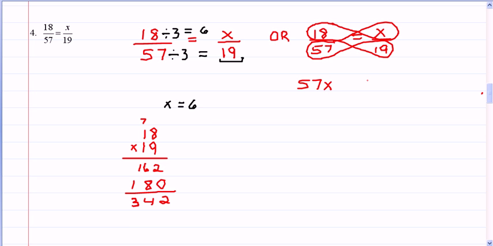I get 342. Place an equal sign in between. And to solve for x, I have 57 times x, so I divide both sides by 57.